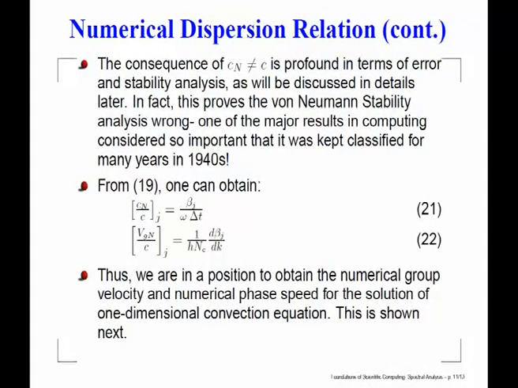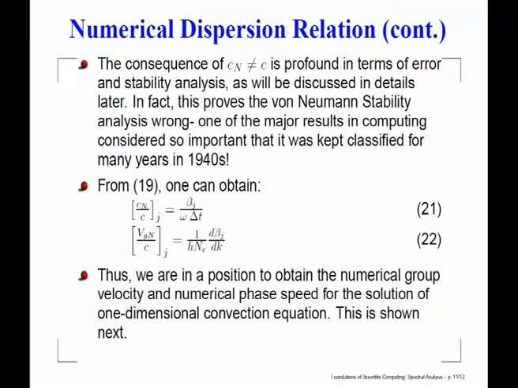So, what happens? You choose a method for spatial discretization, and you choose a method for temporal discretization. You obtain the value of g, which has a real part and an imaginary part. You find out the imposed phase shift from this g, and that determines how far it is from 1.